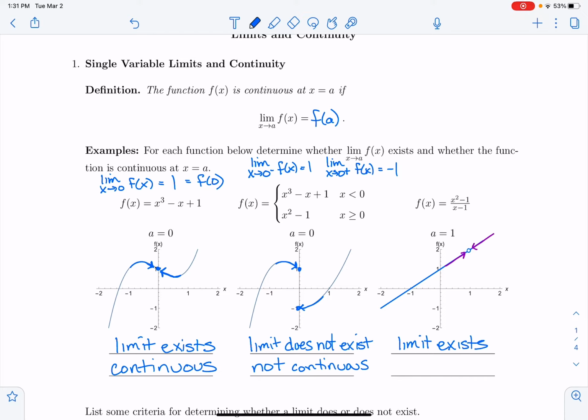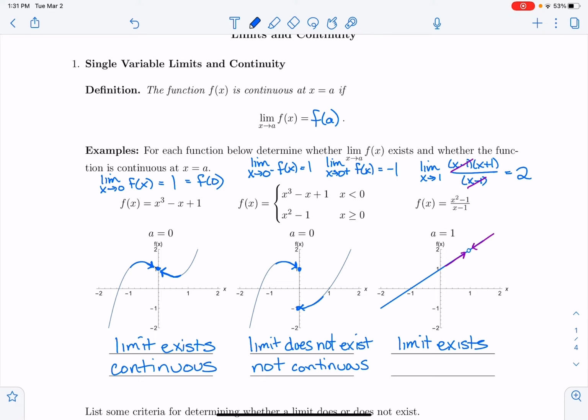In fact, we can do the limit as x approaches 1, and we can think about x squared minus 1 as being x minus 1 times x plus 1 over x minus 1. And then the x minus 1's cancel, and so we get a limit of 2. So the limit exists and it equals 2.